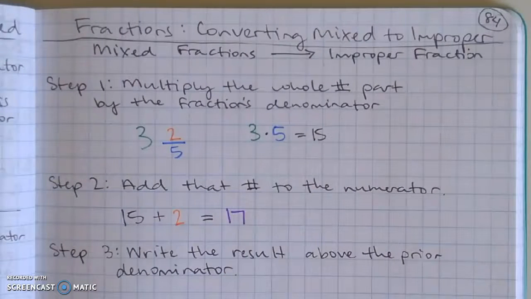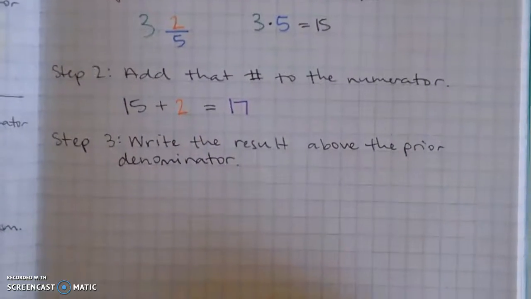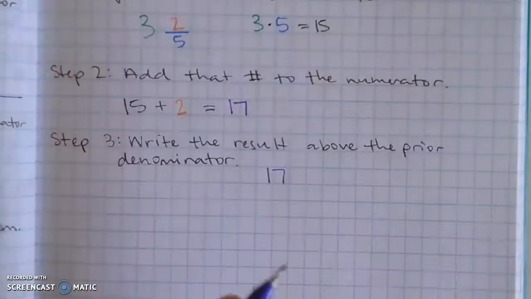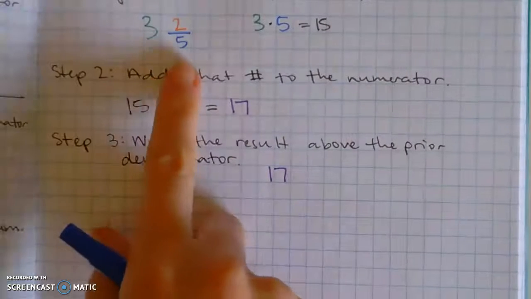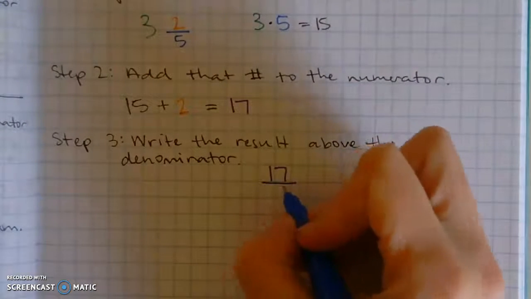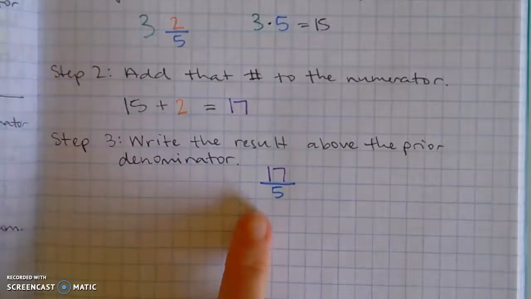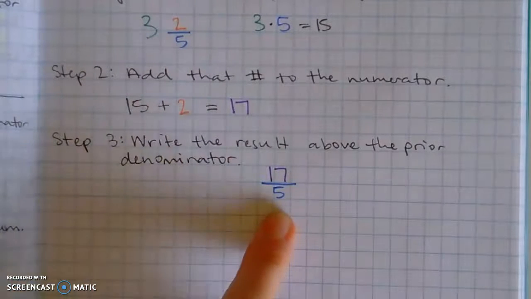So I'm going to take that 17, let me shift this up a little bit. I'm going to take that 17 and I'm going to write it over my old denominator of 5. And there you go. There's your mixed fraction to improper fraction. So we went from 3 2/5 to 17/5.